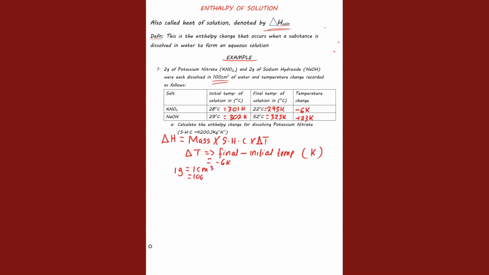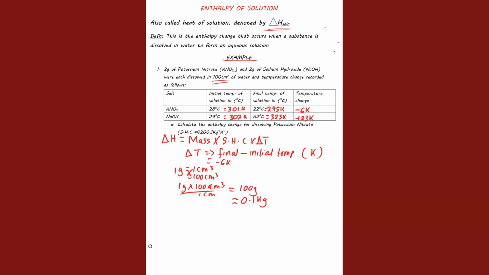Therefore, 100 centimeters cubed of water will have a mass of 1 gram multiplied by 100, then divided by 1. So we get 100 grams of water. But normally we use mass in kilograms. Therefore, this 100 grams of water is equivalent to 0.1 kilograms as mass.